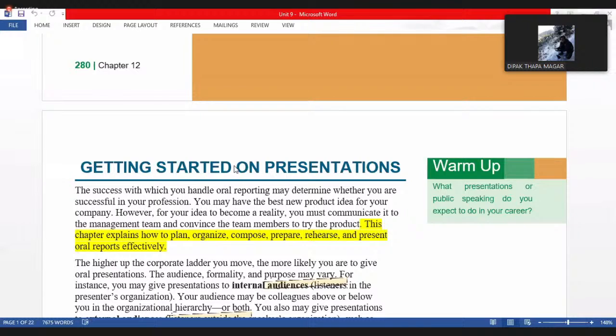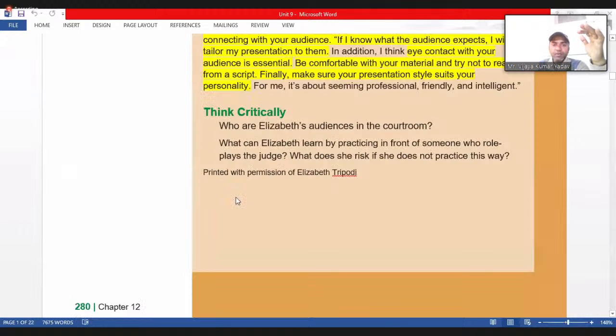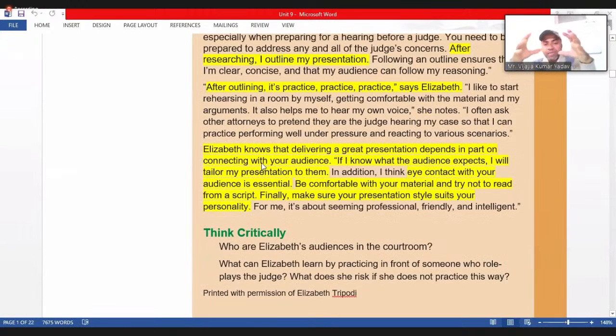Now, before beginning to talk about getting started on presentation, I want to tell you about some important fundamentals, and then we will discuss this. If you are going to have a presentation, the first point is articulation. You can note down this point.